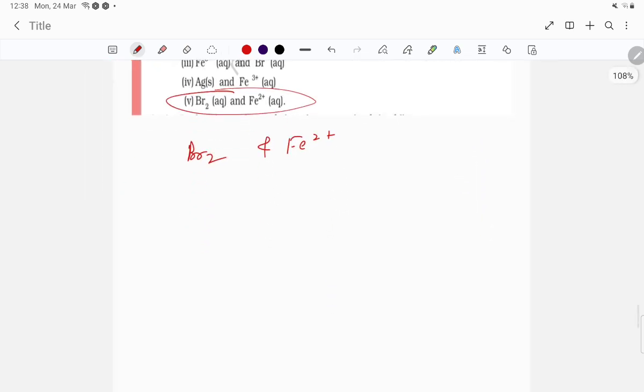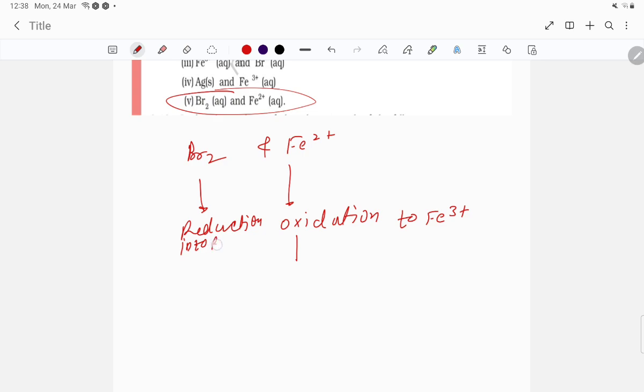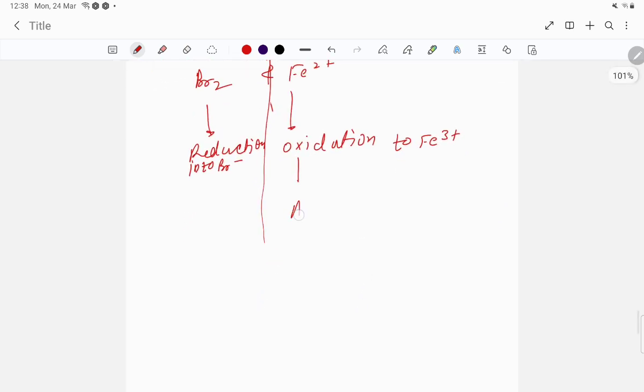So this can go oxidation, and this can go reduction. Oxidation to what, student? Fe3+. Reduction into what, student? Br-. This is the possible one. Oxidation means it is going to act as an anode. Reduction means act as a cathode.